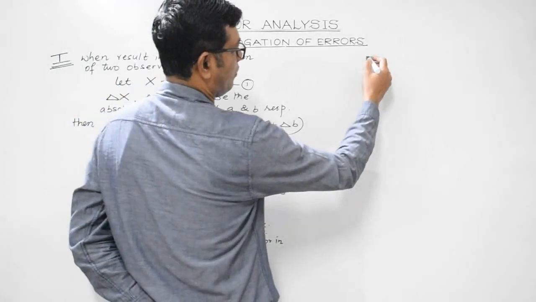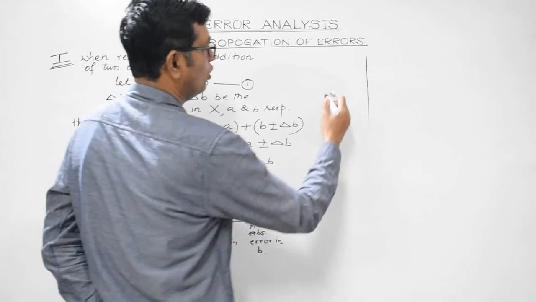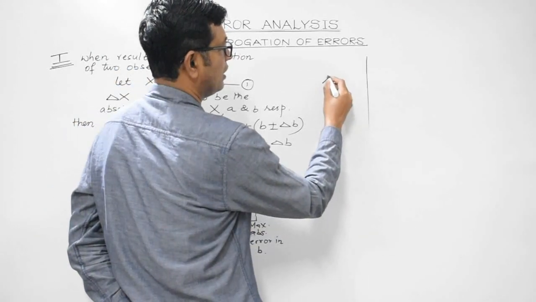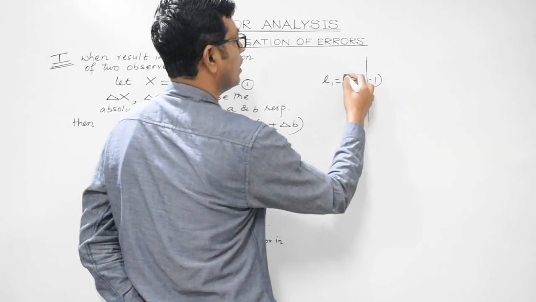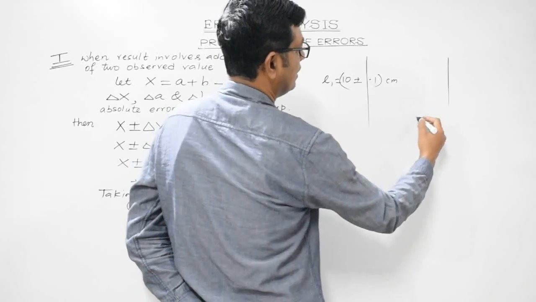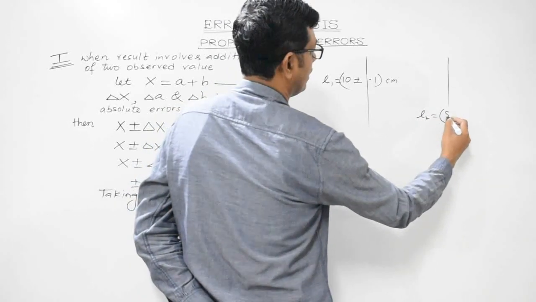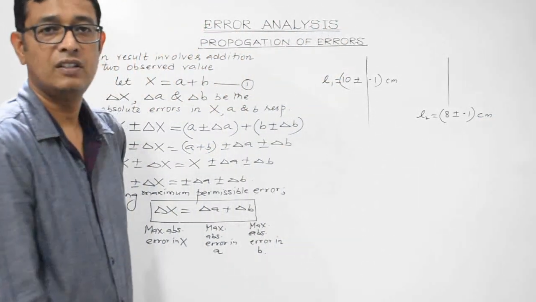Suppose there is a thread or a wire whose length is measured to be, say, 10 plus minus 0.1 centimeter. This is the second wire whose length is measured to be, suppose, 8 plus minus 0.1 centimeter, right?